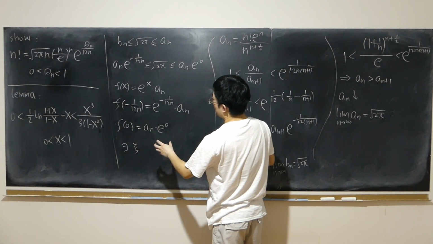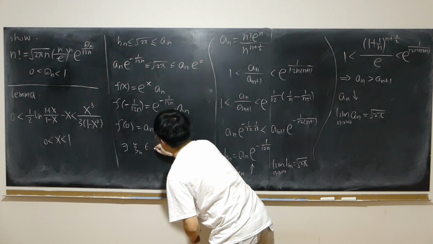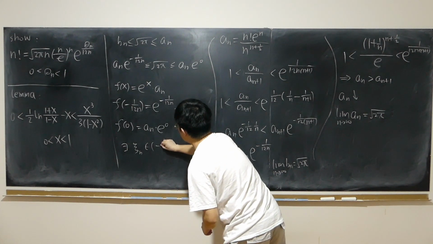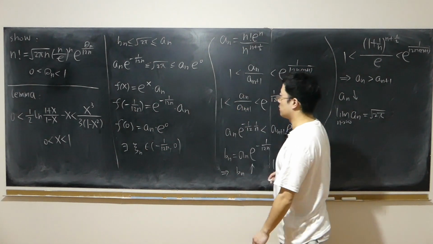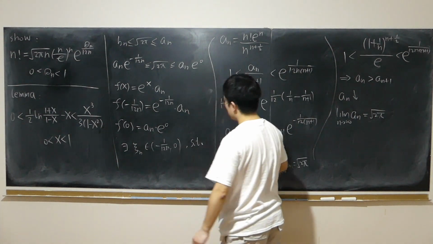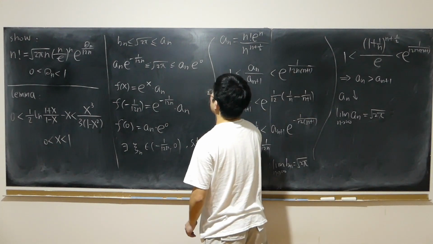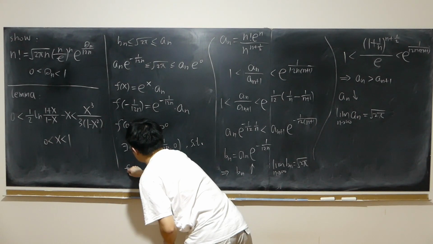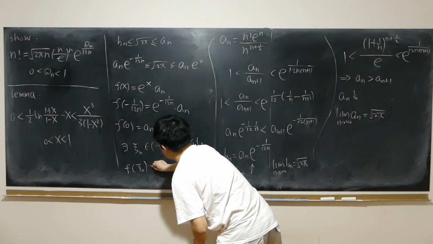Cn is in between the interval of negative 1 over 12n to 0, and this value will equal exactly f of Cn.